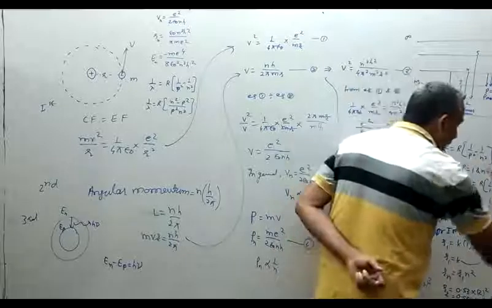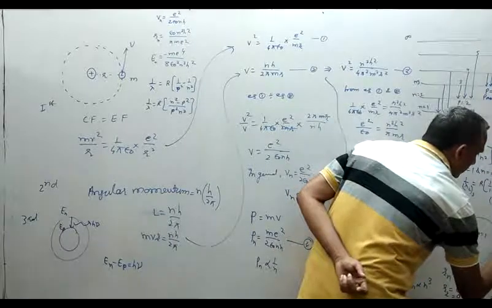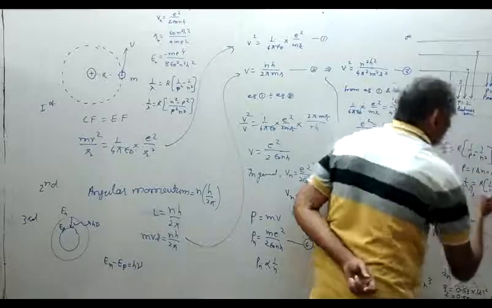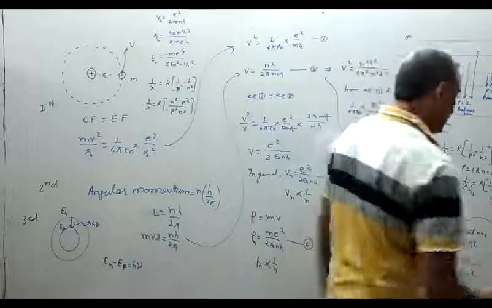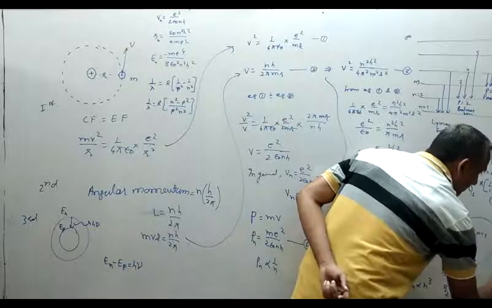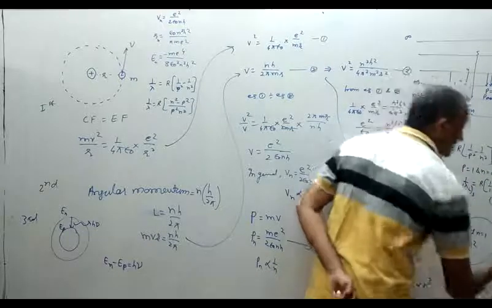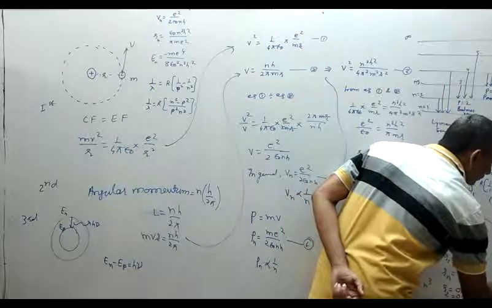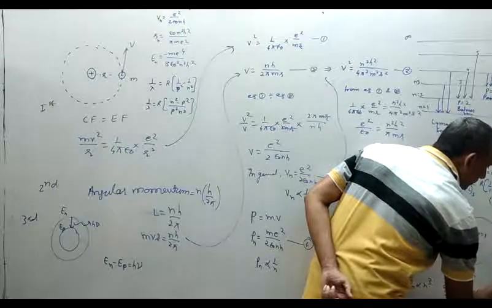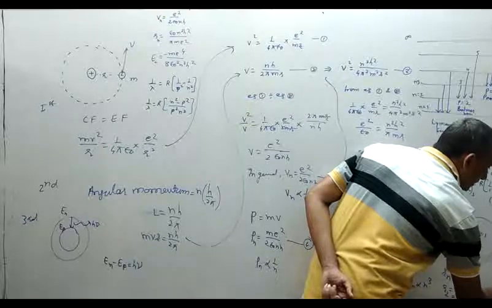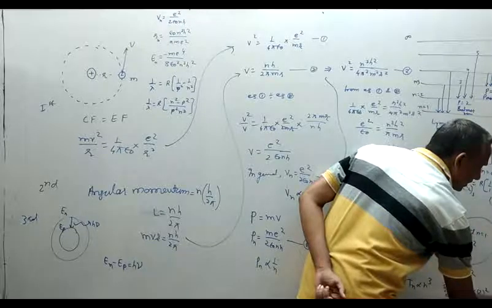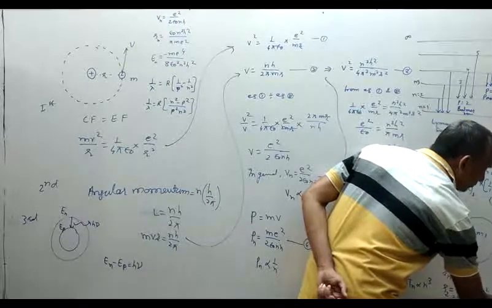For the Balmer series, similarly, lambda BS is equal to 4 upon R. For Paschen, the shortest wavelength is 9 upon R. For Brackett, it is 16 upon R. For Pfund, we can write 25 upon R.